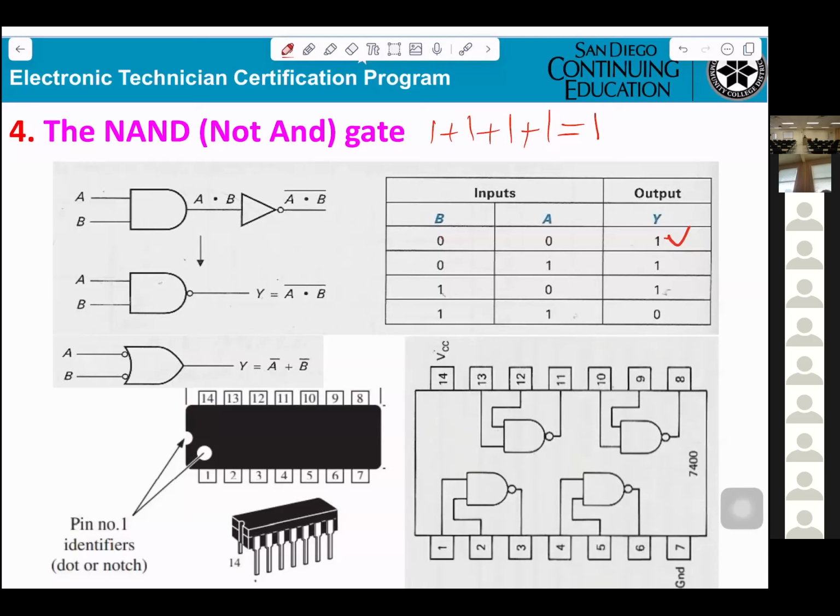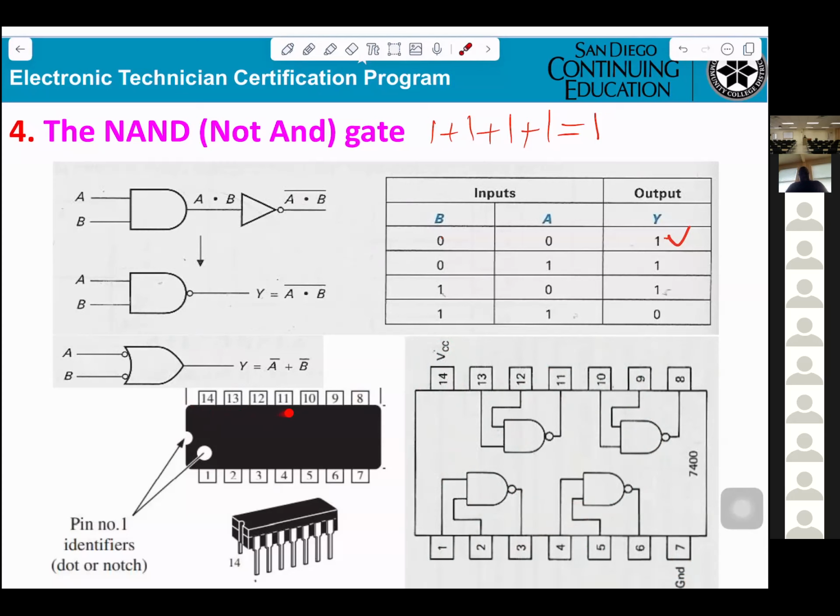Now they're telling you inside here: 1 gate, 2 gate, 3, 4 gate. Input 1, 2, output 3, and so on. You understand the first one, that this is not a big deal. 14 pins, pin 14 is VCC, pin 7 will be ground.